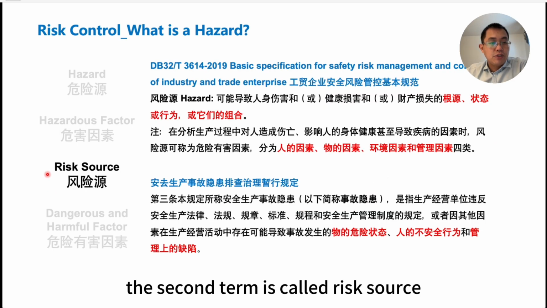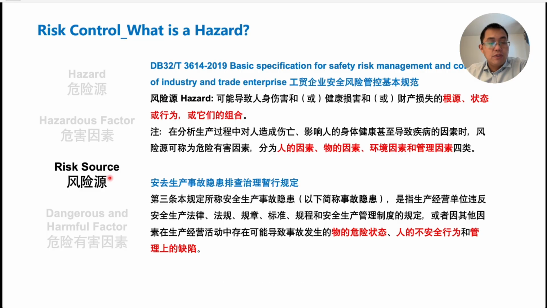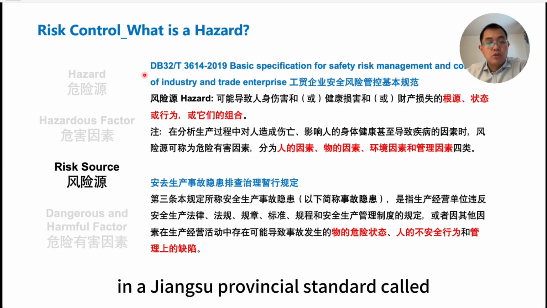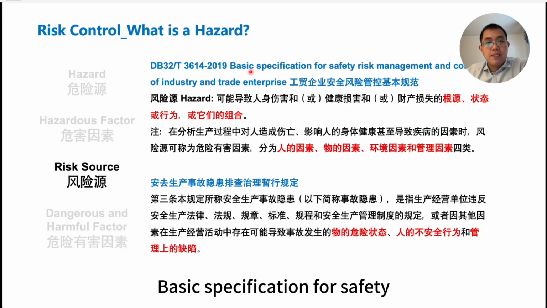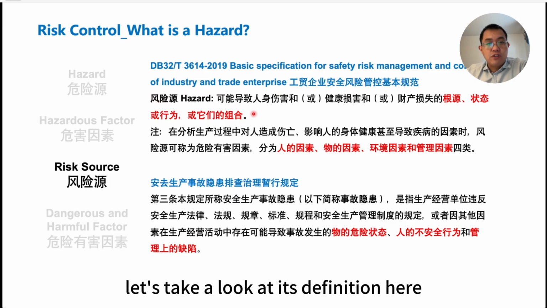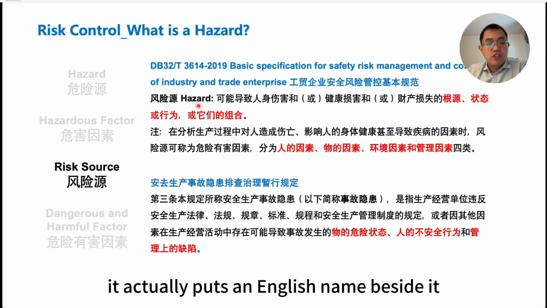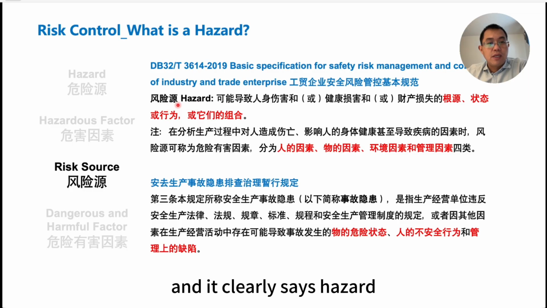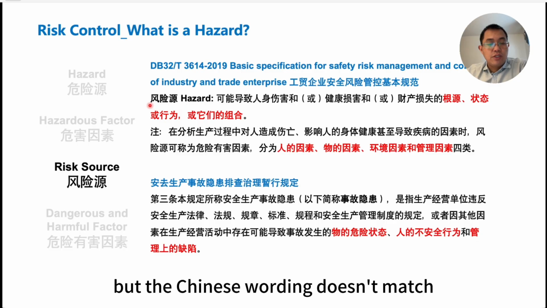The second term is called risk source. This term appears in a Jiangsu provincial standard called Basic Specification for Safety Risk Management and Control of Industry and Trade Enterprises. Let's take a look at its definition here. It actually puts an English name beside it, and it clearly says hazard, but the Chinese wording doesn't match.